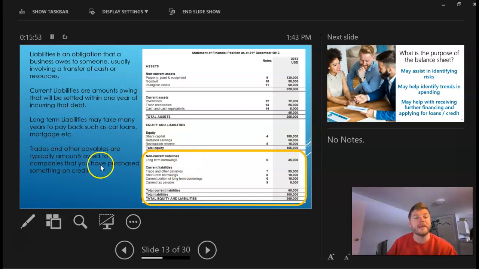And then trade and other payables are typically amounts owed to companies that you have purchased something from on credit. As an example, they have a trade and other payable here for $35,000. They didn't borrow $35,000 worth of money, but rather they used a supplier like Cisco, which is a food company, as a restaurant, and they ordered $35,000 worth of food. And they will pay them back.